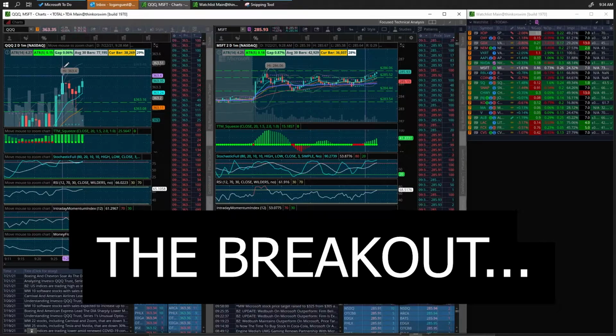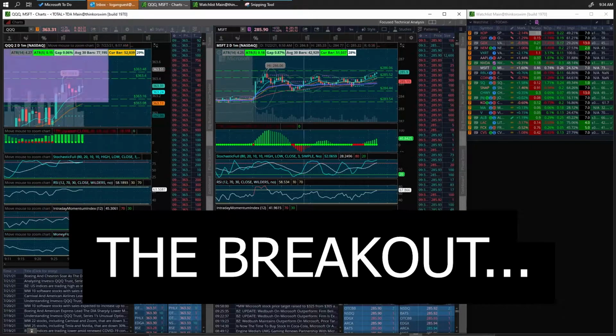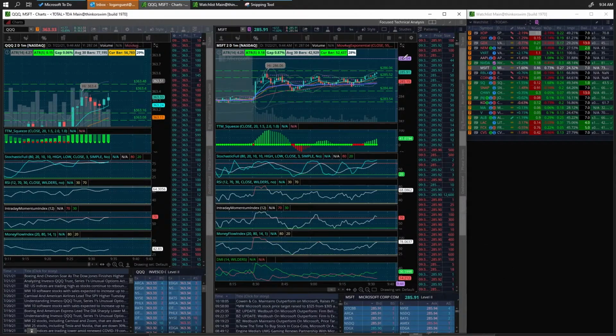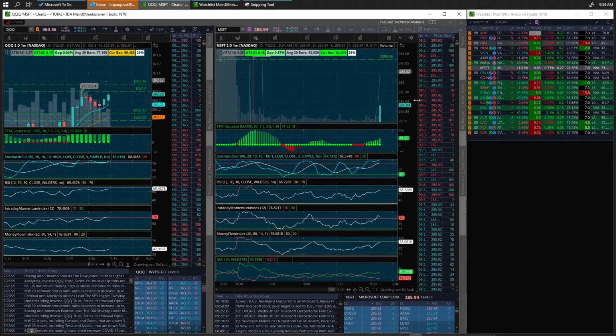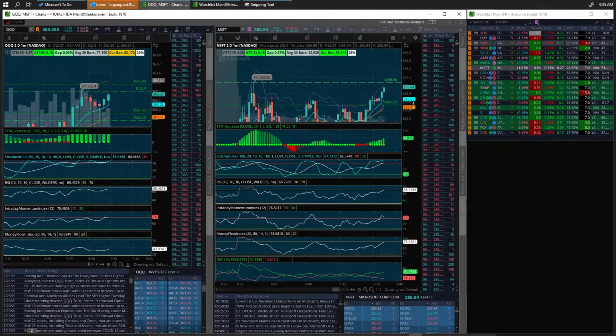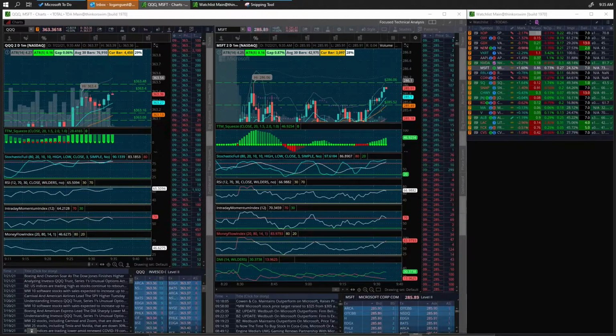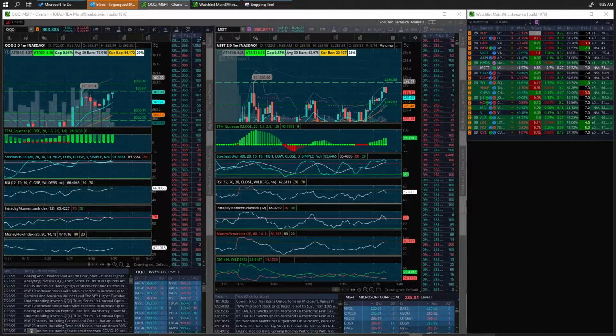A lot of strength in the Qs. So we are watching the QQQ on the side and waiting for the confirmation. I'm already up on it. So average cost for me is about 620.